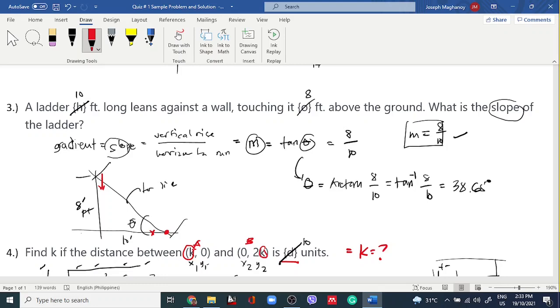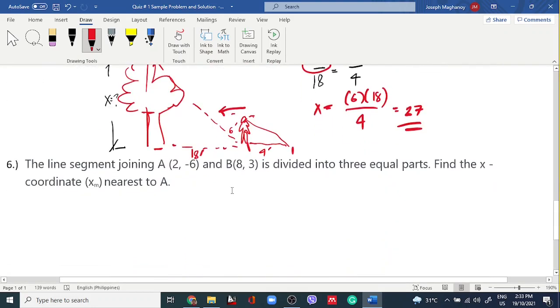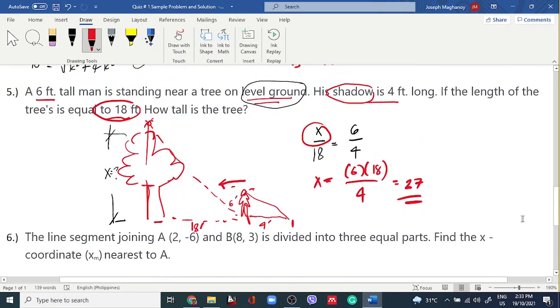So, yun yung mga problem natin sa differential calculus, related rates. Okay? So, dapat at the start pa lang, na-expose na tayo sa different kind of problem.